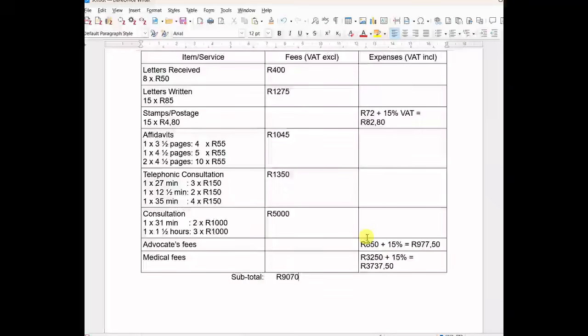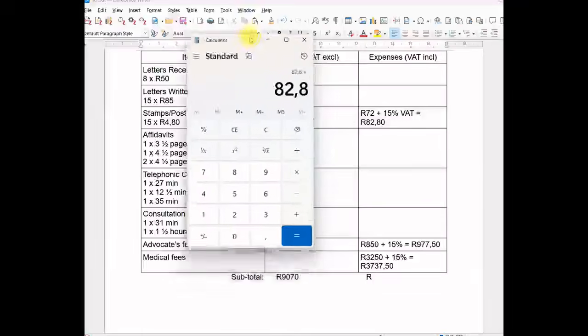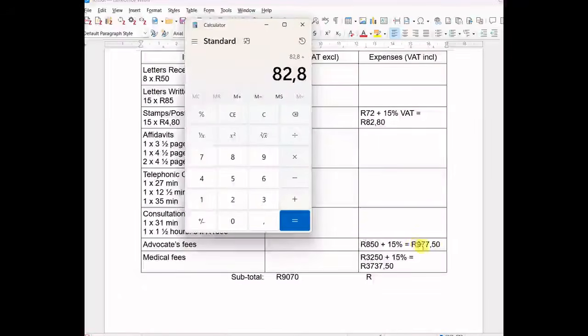Now we must also calculate the expenses. Okay, so our first expense there are our postage stamps, and that's 82 Rand 80, plus the next thing on our list there was advocates fees. That was 977 Rand 50.